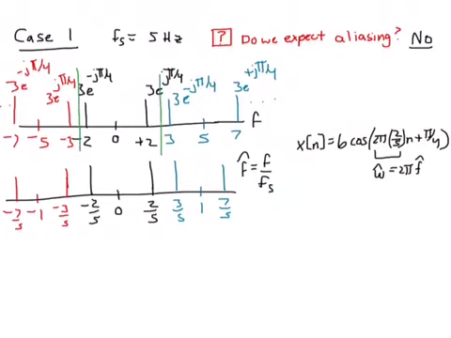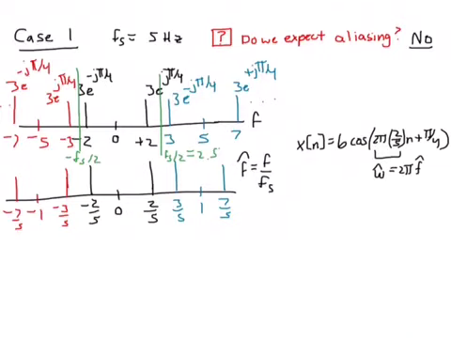So this is fs over 2, which in this case is 2.5, and this is minus fs over 2, or minus 2.5. So we just pick out the spectrum that lies in here, and that's what we get for the spectrum of xr of t, the reconstructed signal.